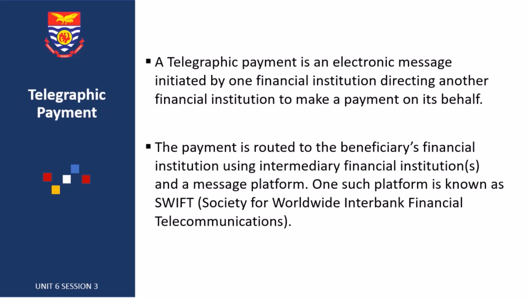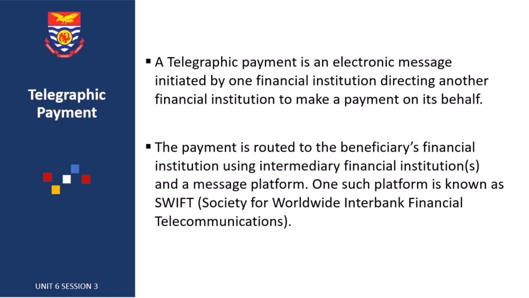So we look at telegraphic payment. A telegraphic payment is an electronic message initiated by one financial institution directing another financial institution to make payment on its behalf. So it's basically like EcoBank telling Zenith Bank to make some payments on EcoBank's behalf. The payment is routed to the beneficiary financial institution using intermediary financial institutions and a message platform.